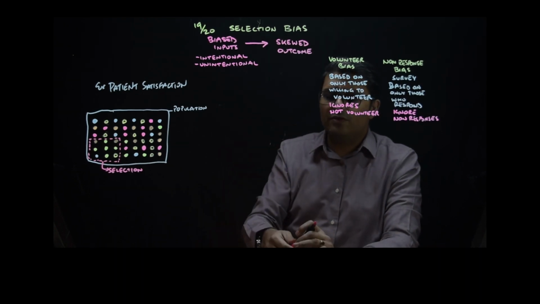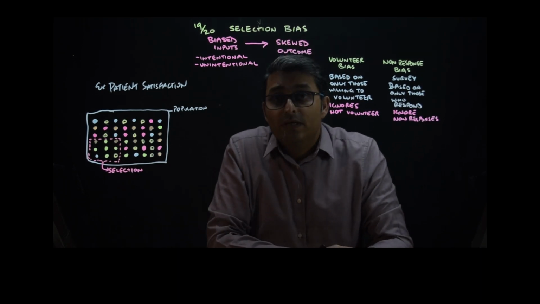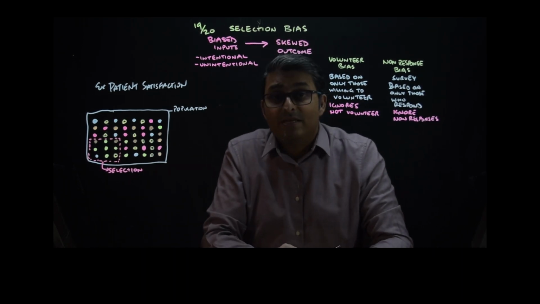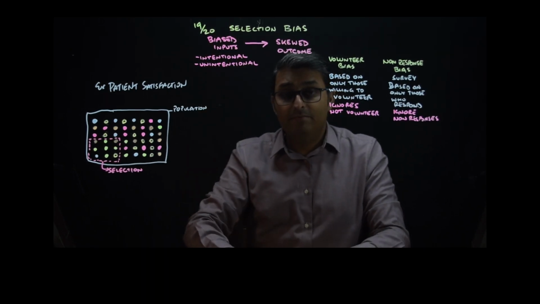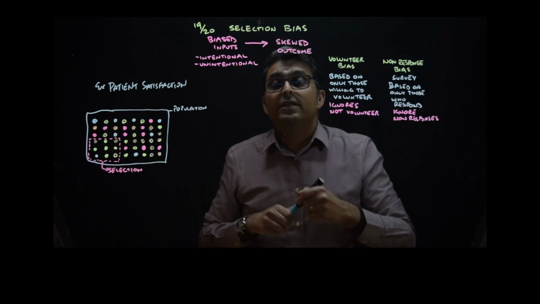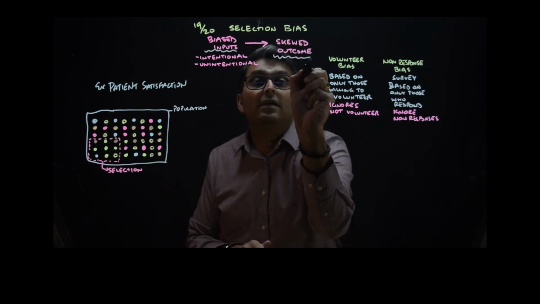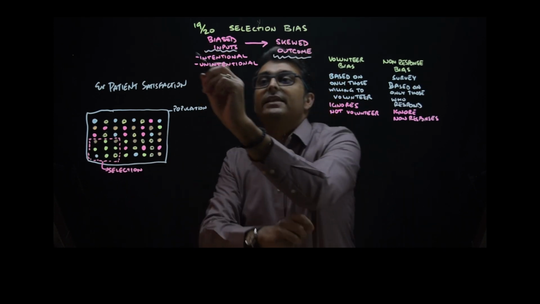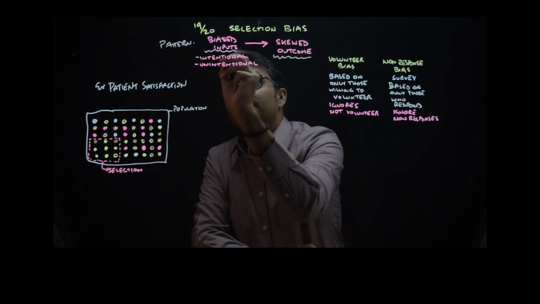Now, other examples would follow essentially the same premise, in that a biased selection, biased inputs, would determine a skewed outcome, and that's the pattern.